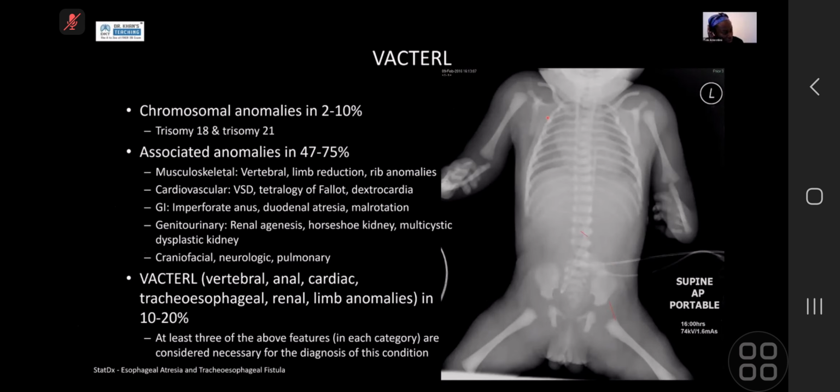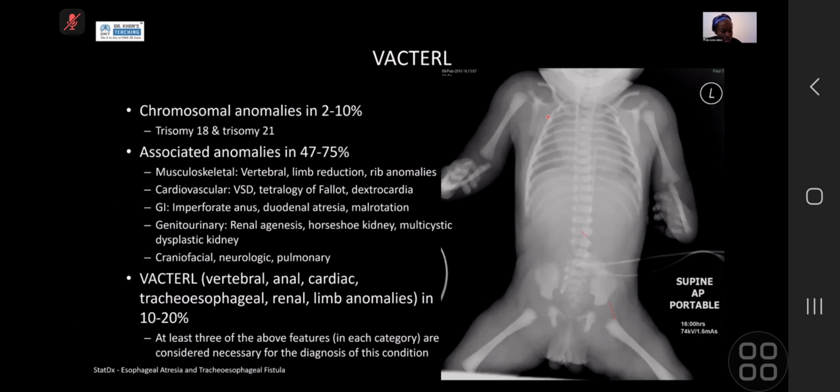VACTERL is a syndrome that esophageal atresia and tracheoesophageal fistula are associated with, and it's often due to chromosomal anomalies. So frequently you see it in patients who have trisomy 18 or trisomy 21. And the associated anomalies are vast for each letter. So vertebral anomalies include hemivertebrae, like I said.